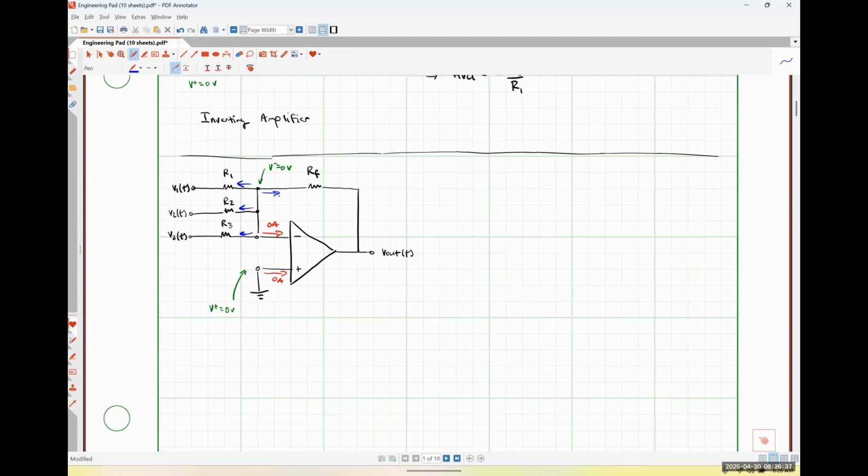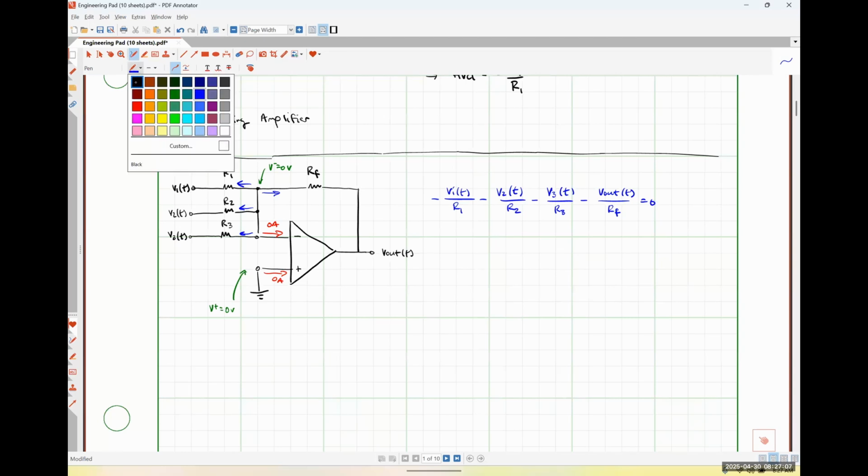And what I'll find is that I should have negative V1 over R1 minus V2 over R2 minus V3 over R3 minus V out over RF is equal to 0.